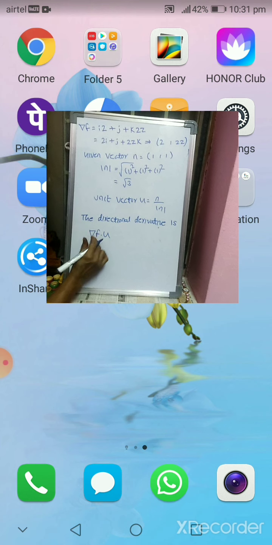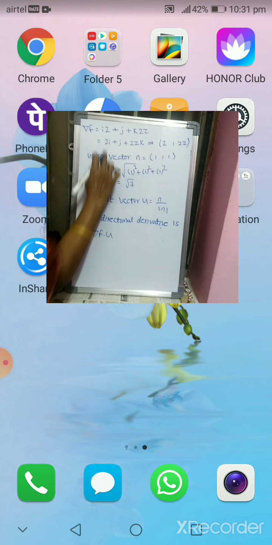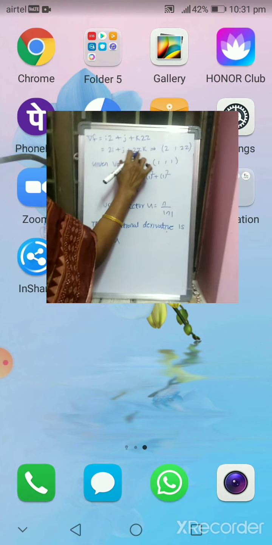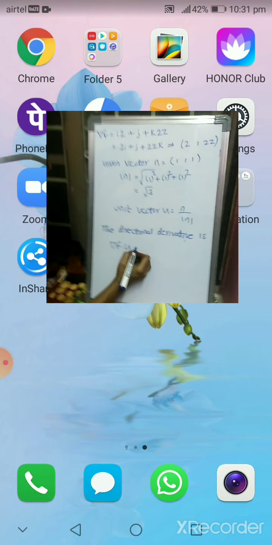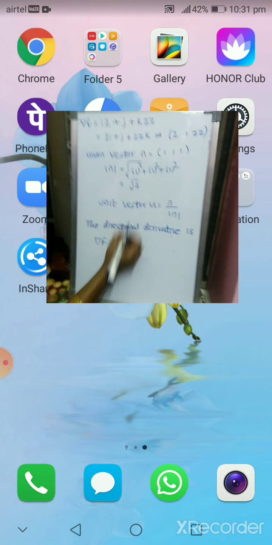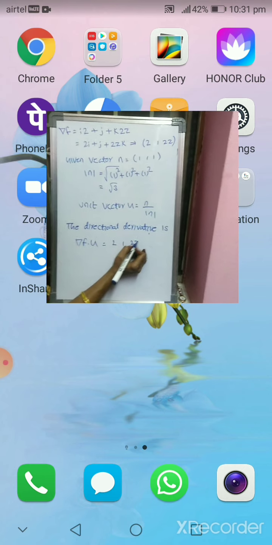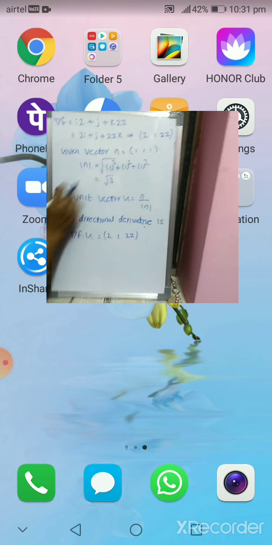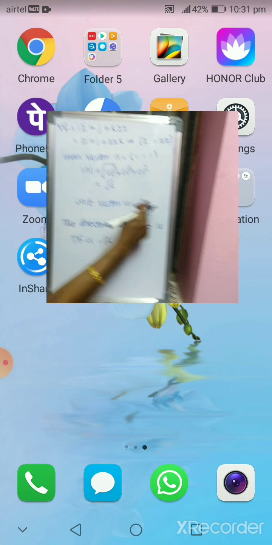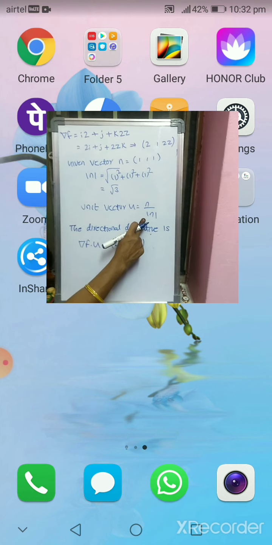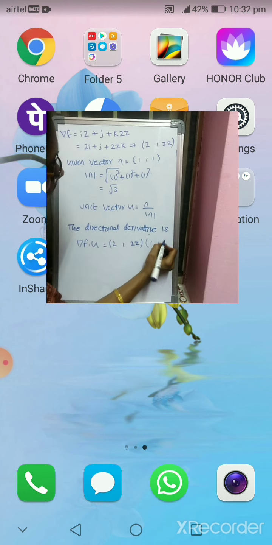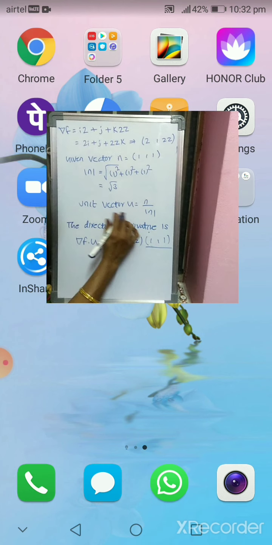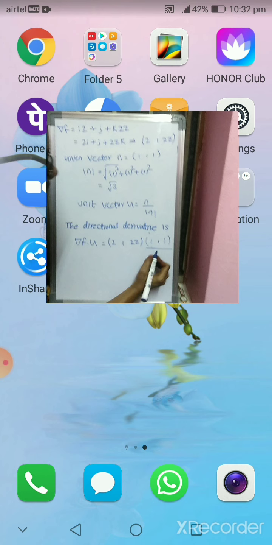Here grad f is 2i plus j plus 2zk, or (2, 1, 2z). And u is n by mod n. Here n is 1 1 1, and mod n is root 3.